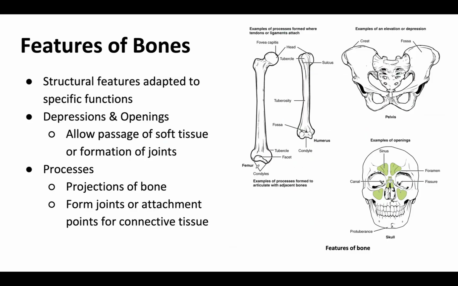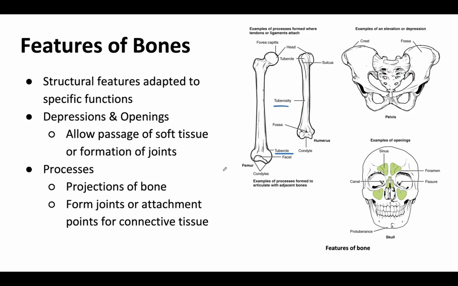So say in response to tension at the bone surface from tendons and ligaments, that's going to cause new osseous tissue to be deposited, and that will create larger raised or roughened areas on the bone, such as tuberosities, or tubercles. Additionally, if neurovasculature is located on or near a bone, it can create depressions or openings.